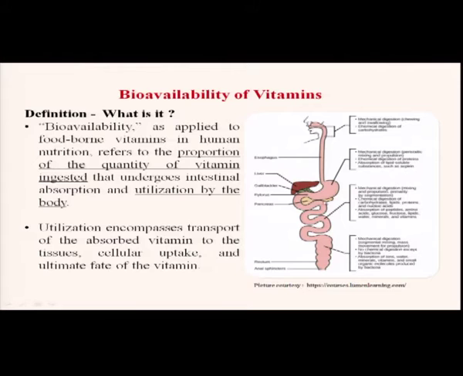As they go down, in the small intestine you have other organs, basically the pancreas and secretions coming from the gallbladder, which is the bile processed by the liver, and it gets mixed up with the food substances, and finally the absorption happens in the small intestine and then it goes into the large intestine.